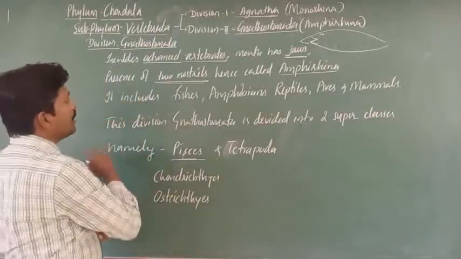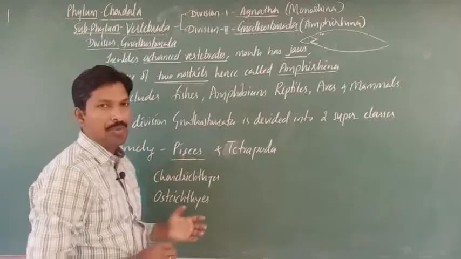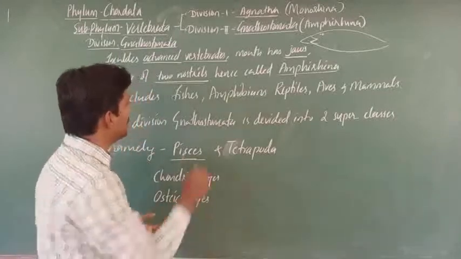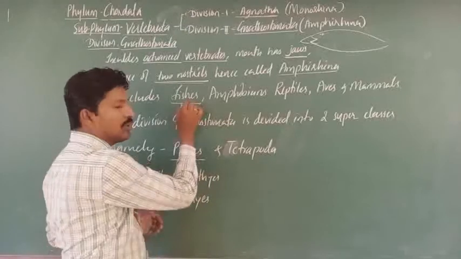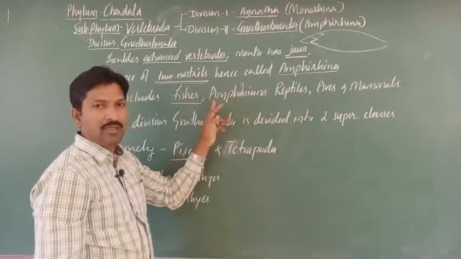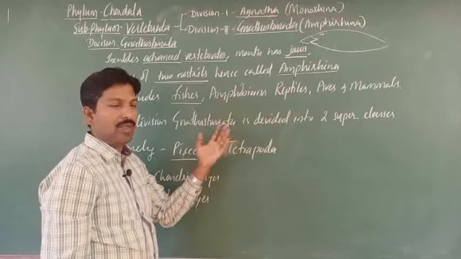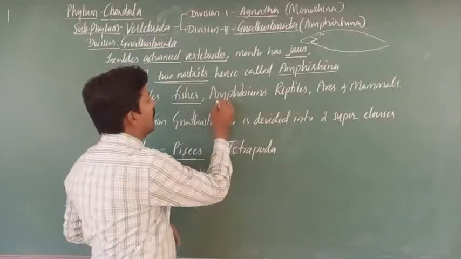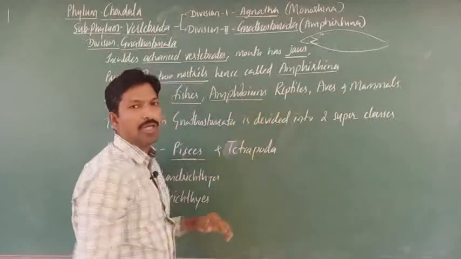It includes many members, most of the higher animals, including fishes, which are exclusively aquatic, as you know. Amphibians are found on both land as well as water, for example the frog.